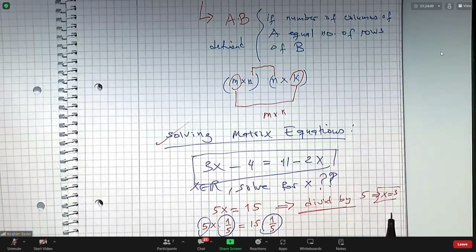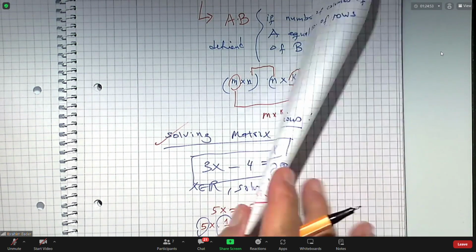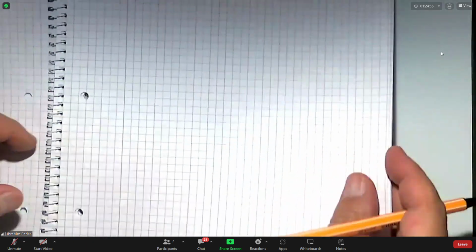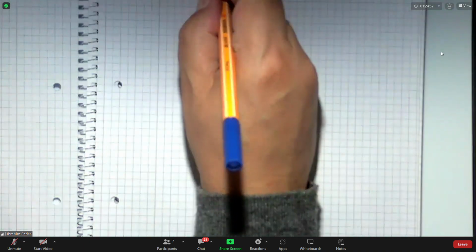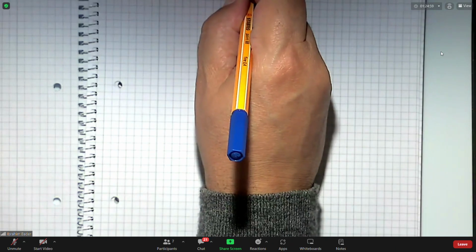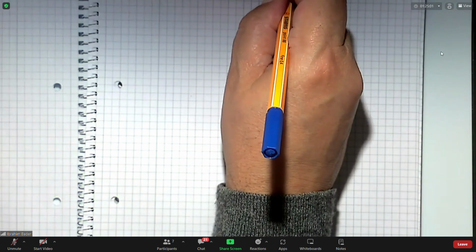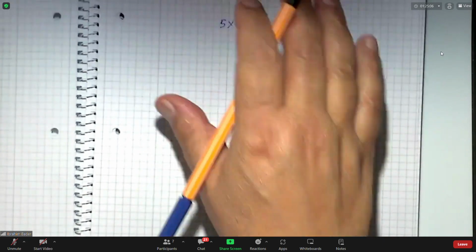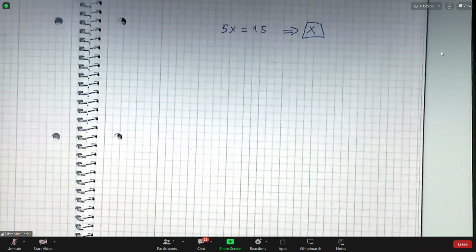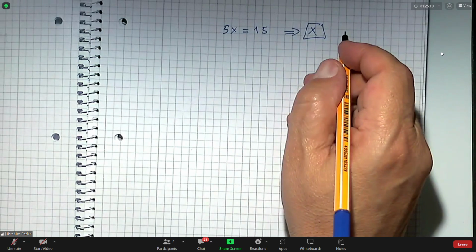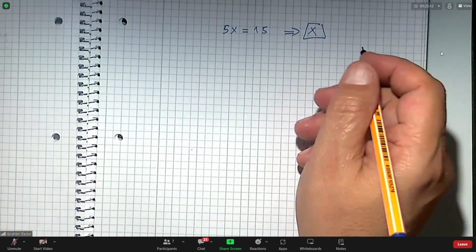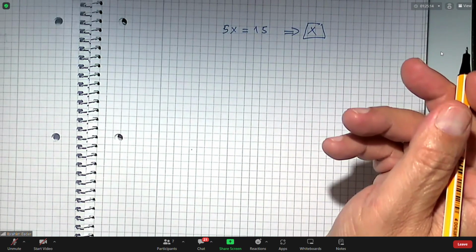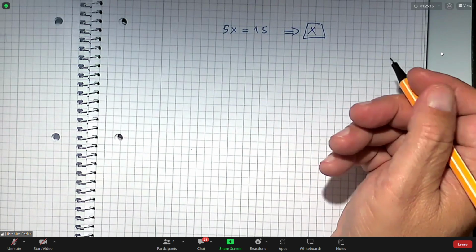Okay, now, of course, I will repeat it. Now, if you have ended up having 5x equals 15, now you want to solve for x, right? Now, obviously here in numbers, you will say I will divide by 5, okay? But imagine division is not defined, like in the matrices. What would you do?